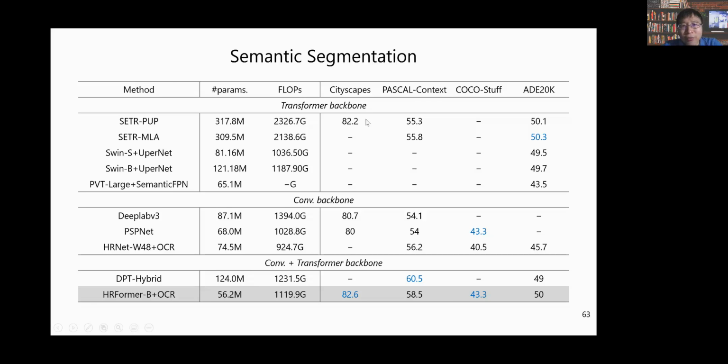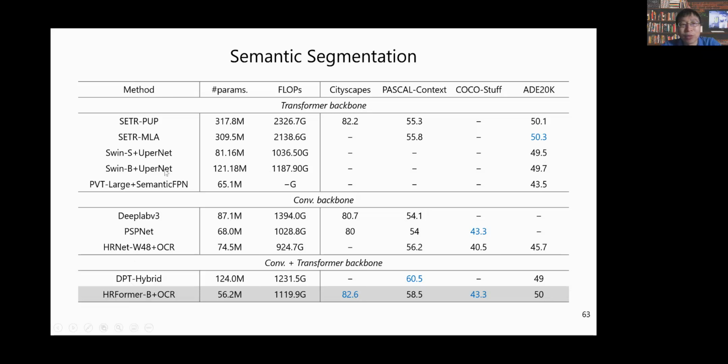We can see that for Cityscapes, our method is the best one. For COCO-Stuff, our method is also the best. But for ADE, let's compare HRNet with HRFormer. The score is improved a lot, and our score is very similar to other transformer-based approaches.